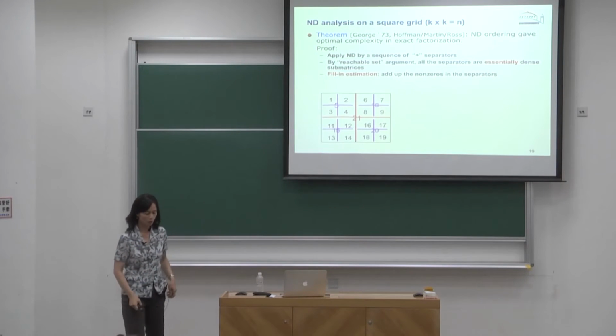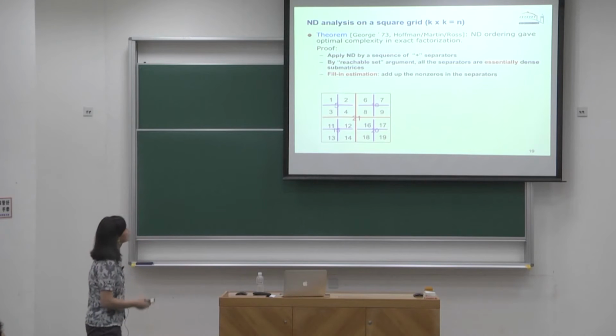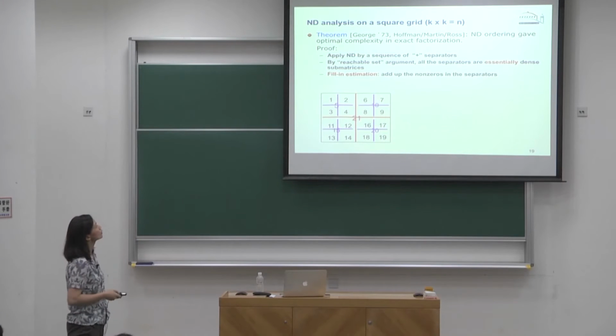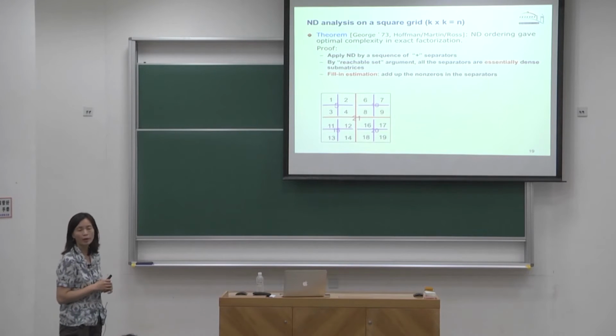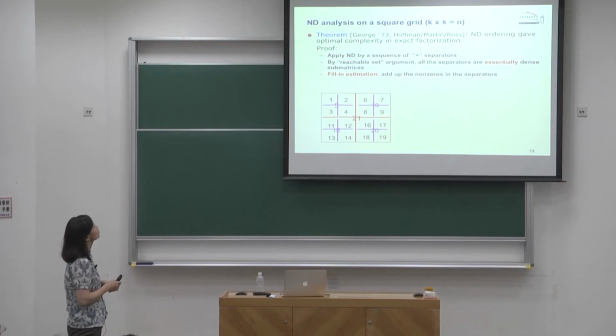Okay, so then what's the complexity? The nice property of this algorithm is that for a certain regular graph, you can actually prove that this ordering gives you the best possible, the optimal order. Whereas for the minimum degree algorithm, you cannot prove anything like this, even for this regular graph.